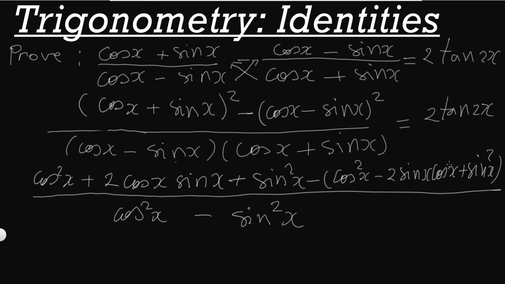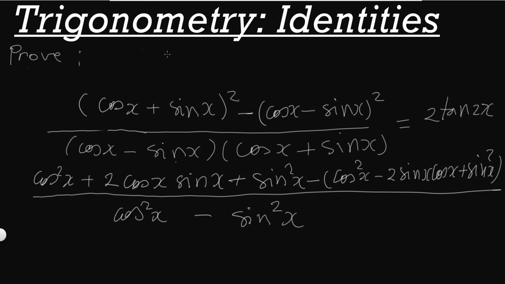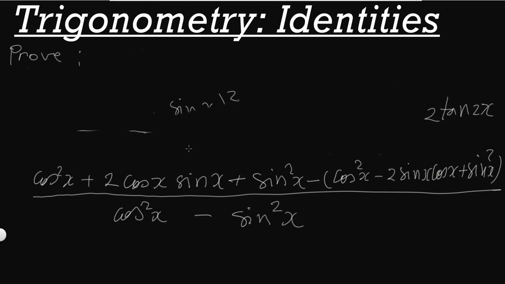All right. Let me continue it here. If I can continue, let me remove this thing, because my board is very small. If you continue, you'll find that we have cos squared plus sin squared.